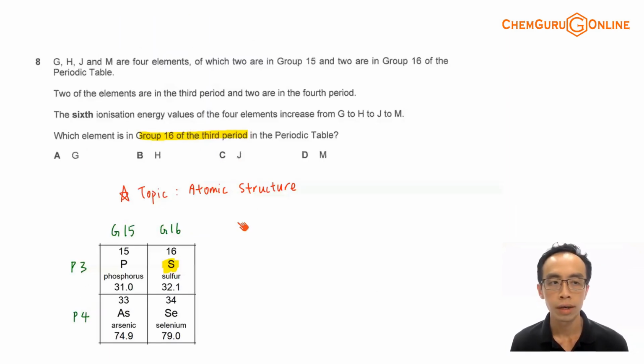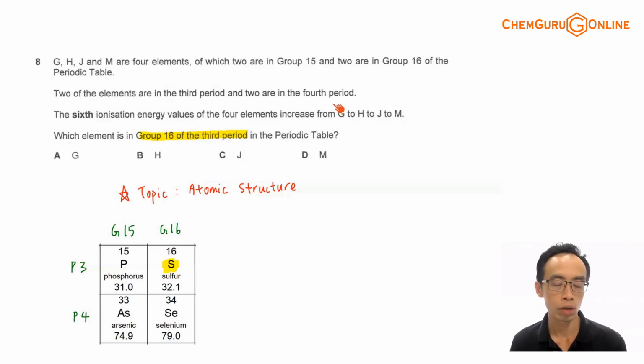Question 8, what we have is G, H, J, M are 4 elements, of which 2 of them are in group 15, 2 of them are in group 16 of the periodic table. 2 of the elements are in period 3, 2 of them are in the 4th period.